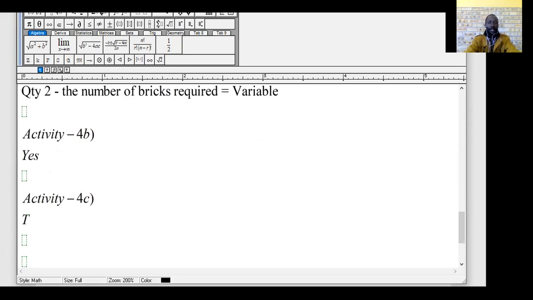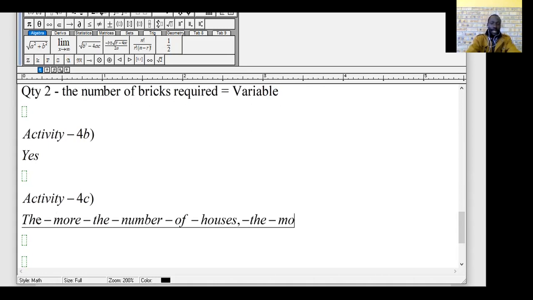How are they related? So we say the more the number of houses, the more the bricks required. Yes, like that.